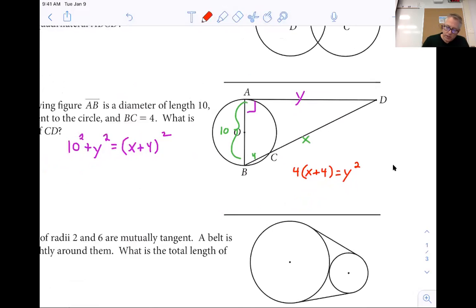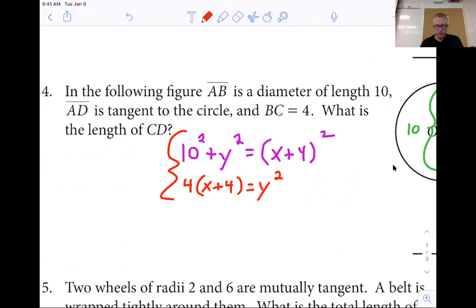But now what's nice is I now have 2 equations and 2 unknowns, right? We can make a system out of those and solve it. Using this system, because we know that y squared equals something, it's probably best to do a substitution here.